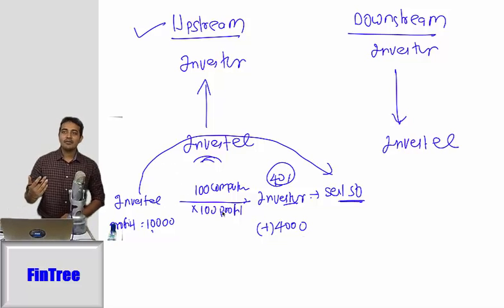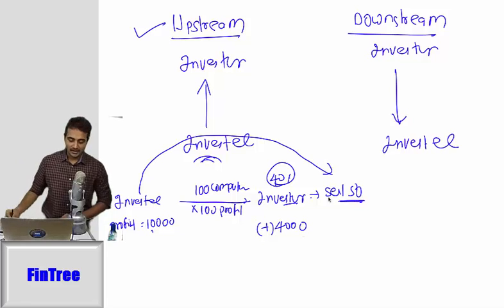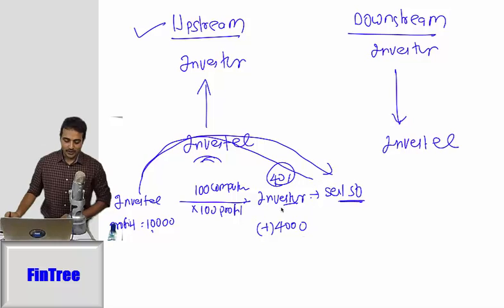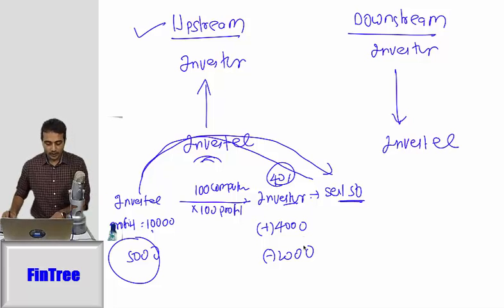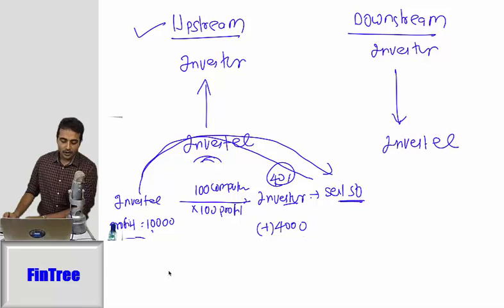Investor sold 50 to outsider. So investee has sold 50 to outsider, 50 to investor. So he has made a profit of 5,000 just by selling to himself. And in that case, we reduce 40% of that, 2,000.